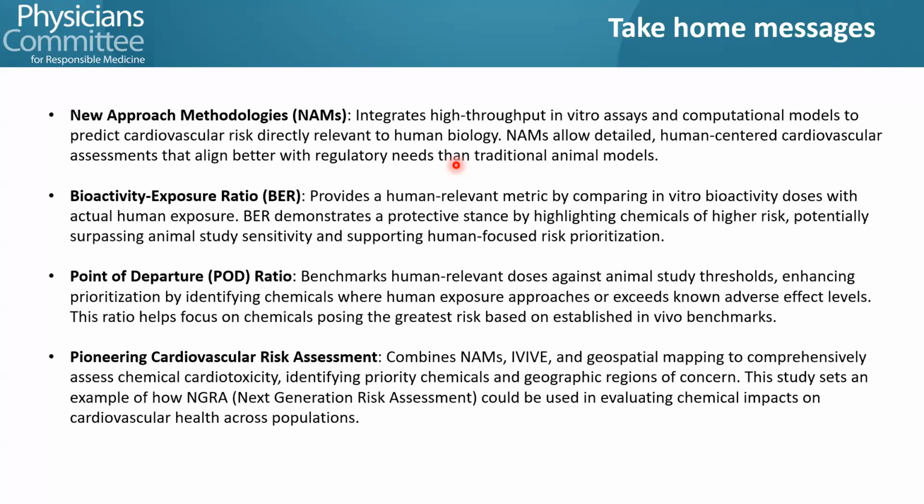By utilizing the bioactivity exposure ratio, it gave us a human-relevant metric by comparing the in vitro bioactivity doses with the actual human exposure. The POD ratio helped us benchmark the human-relevant doses against animal study thresholds. And combining NAM, IVIVE, and geospatial modeling, we can utilize this whole case study as an NGRA example case study as well, which is next generation risk assessment.